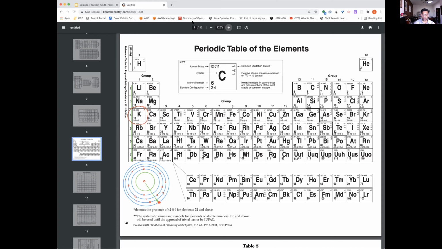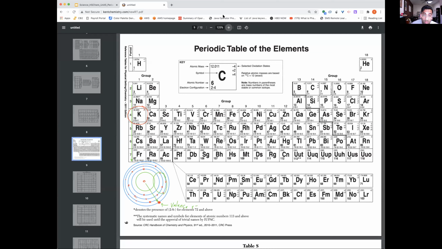Now, the other thing I want to say about this is we call this one a valence electron because it's in an outer shell. However, we call all of these inner shell electrons. You could also call them inner kernel electrons. Now, these are closer and closer to the nucleus.